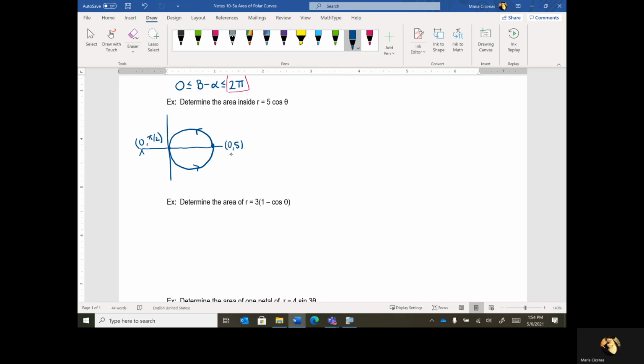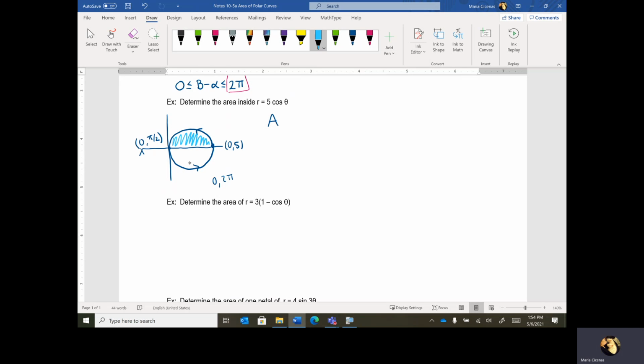So if we integrated this from 0 to 2 pi, we would actually be going around the circle twice, which is going to screw up our area. So I want to use the fact that when I have symmetry whenever I can with these graphs to avoid any mistakes like that. So I like to find a couple key points.